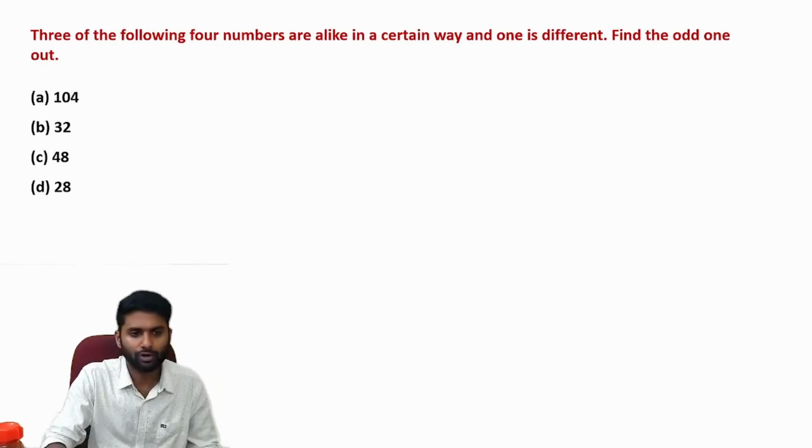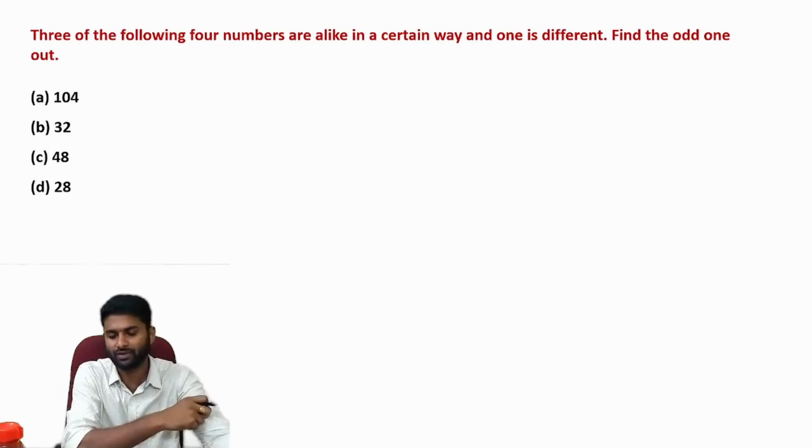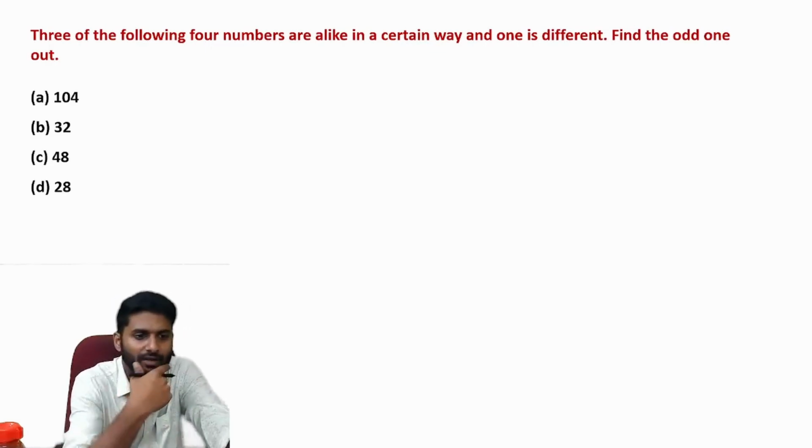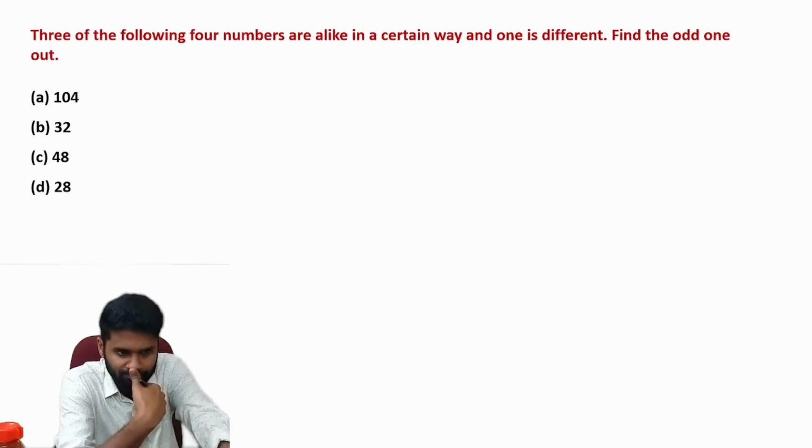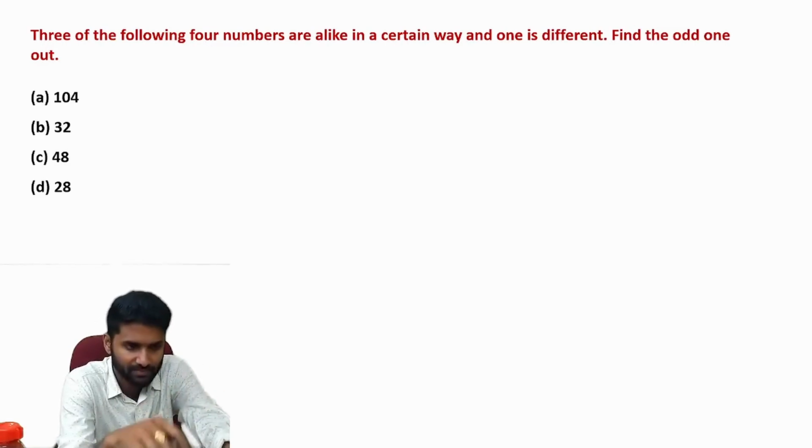Out of all the four numbers, 104, 32, 48, 28, which one is the odd one out? Odd one out means three of the options are related to the same kind and one is completely different. So that's all about odd one out.